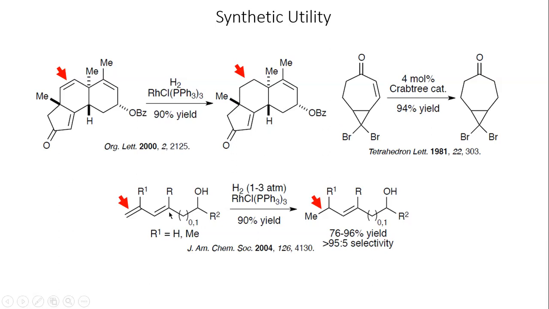But the Crabtree catalyst probably would hydrogenate both alkenes. So again, that's another place where we can strategically apply reactions to give us what we need, right? If we want this product with the alkene intact, then we have to apply a method that won't touch that alkene.